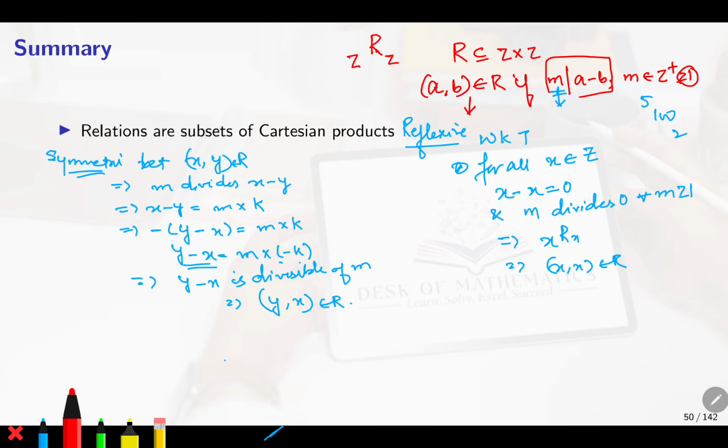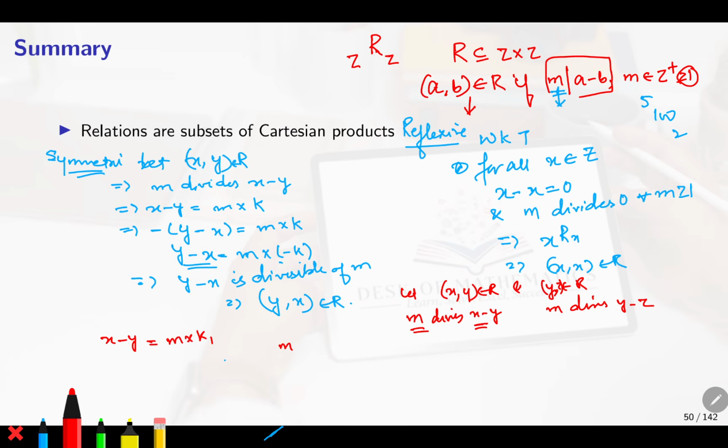Done. Similarly, you have to show transitive. Let x be related to y and y be related to z. That means m divides x minus y and m divides y minus z. So x minus y is equal to m times k1 and y minus z is equal to m times k2.